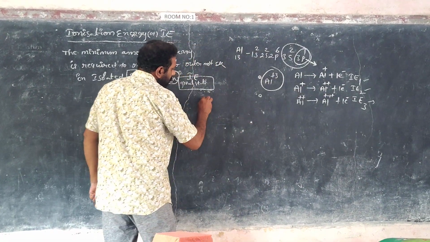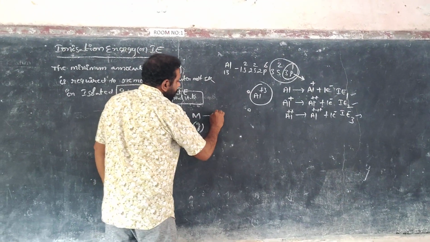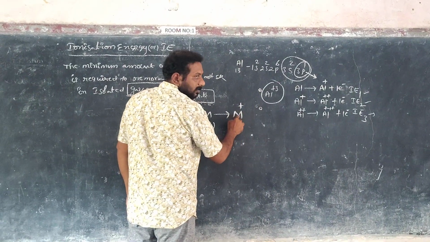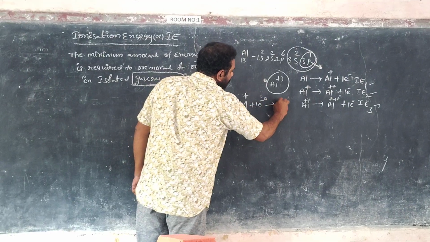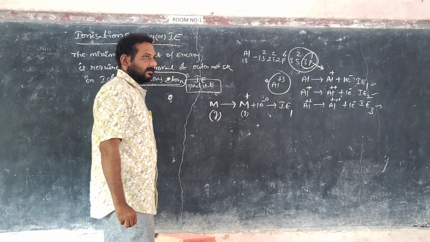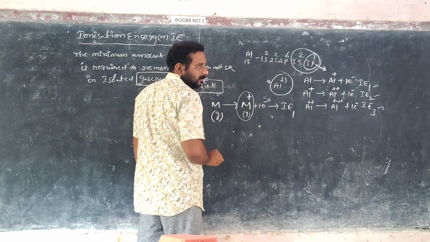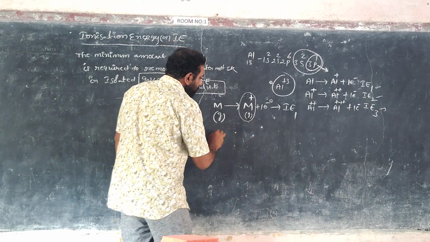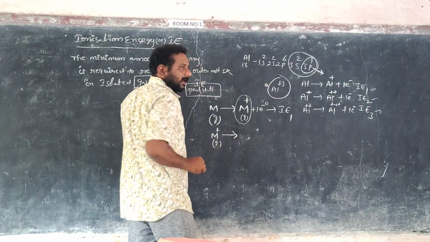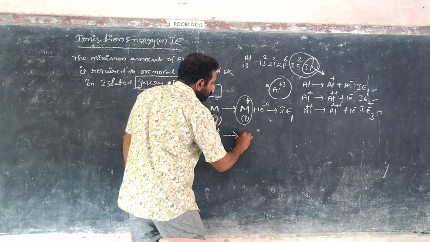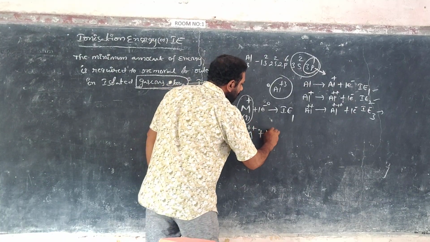For example, M is an element in the gaseous state. When one electron is lost it forms the M plus ion. This is the first ionization energy, and this is the unipositive ion. Then removing one more electron from the unipositive ion forms a dipositive ion.